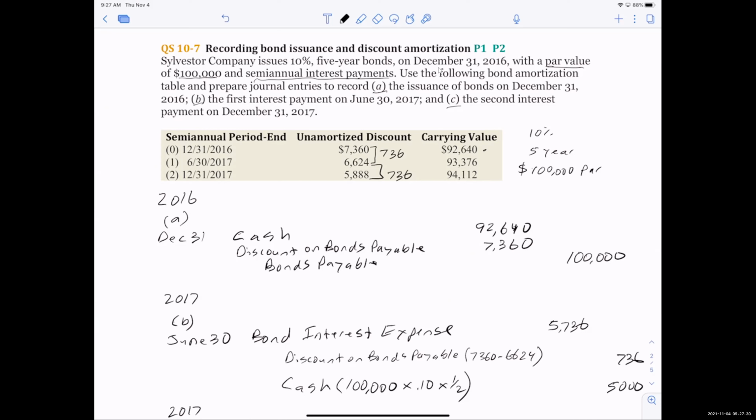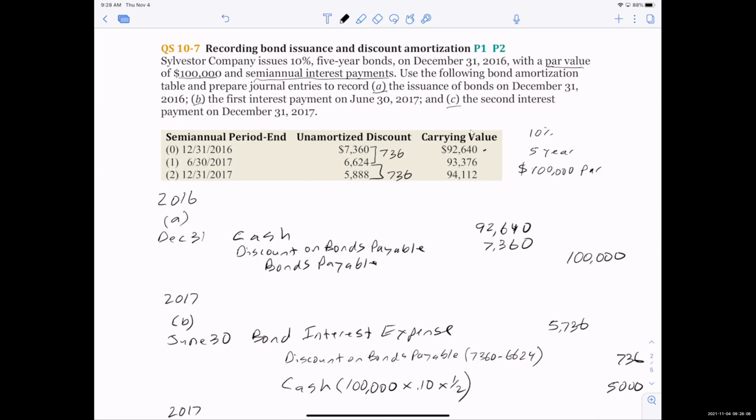Use the following bond amortization table and prepare journal entries to record A, the issuance of the bond on December 31, B, the first interest payment on June 30th, 2017, and C, the second interest payment on December 31, 2017. All right, there's a lot to do. Let's break it down. We're going to do A, issue the bonds. Well, all the information you need is right here.